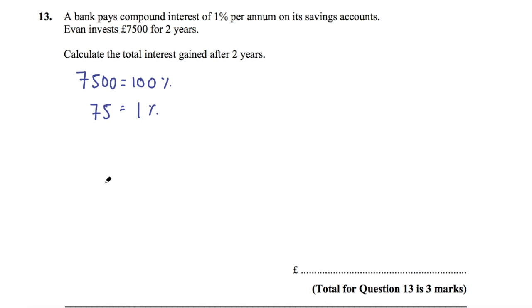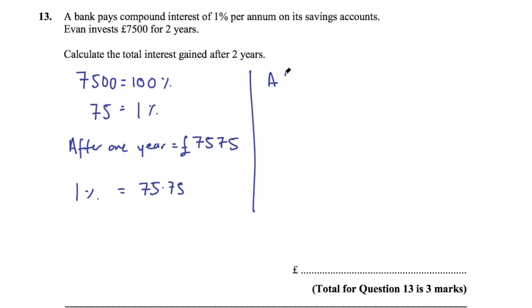So if we increase that by 1% after 1 year, so after 1 year, we will have 7,575 pounds. And then we need to go ahead and work out 1% of that. So 1% will equal, divide that by 100, that's going to be 75.75. And then add that on to that total again.